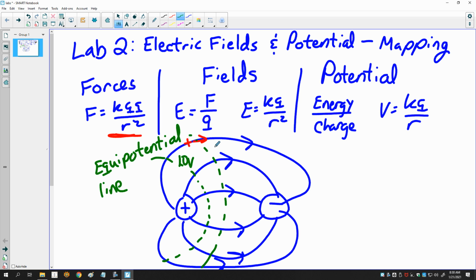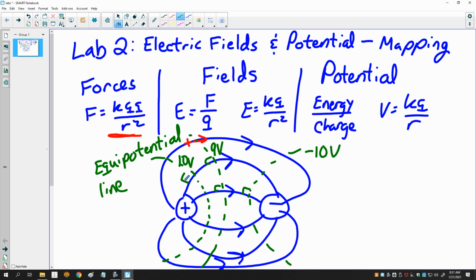This one, as I get closer to the negative charge, would have a lesser potential. As I get over here, I find that this has an equal potential of minus 10 volts. So my equal potential line will change as I move around within the electric field, but the equal potential line will always be perpendicular to the field lines.